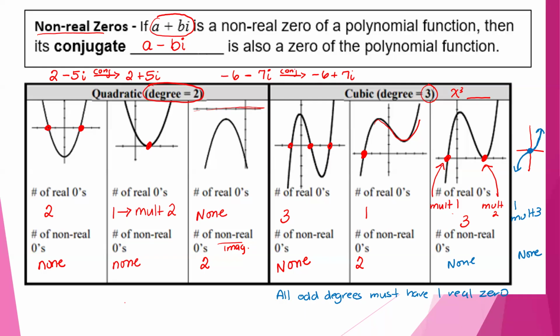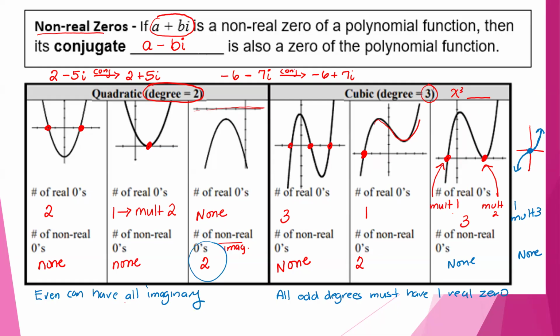Even ones, do you need to have a real one for even? Can they all be imaginary? Yes, right? Here, like I had that right there, these were 2 imaginary. So even can have all imaginary, but odds can't. Okay, we ready?